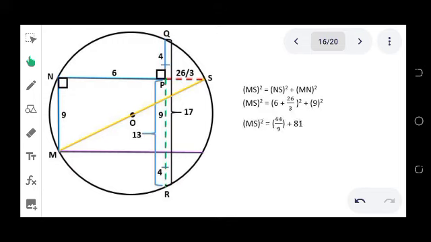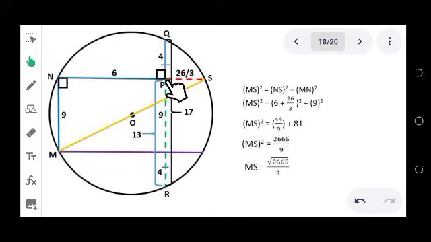That gives us MS squared equals 44 over 9, plus 9 squared, which is 81. This will give us MS squared equals 2,665 over 9. MS is equal to the square root of 2,665 over 3.